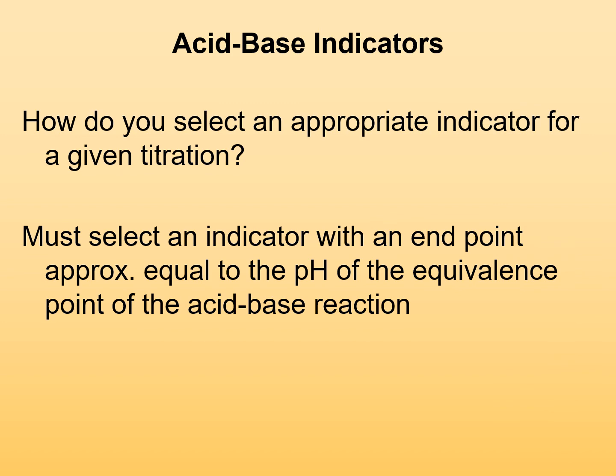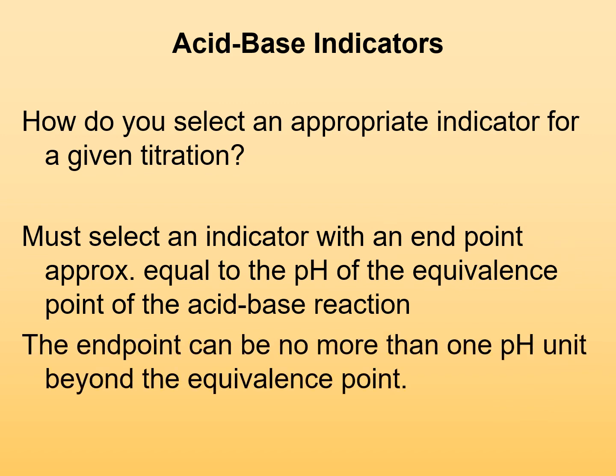We generally say that the endpoint should be no more than 1 pH unit beyond the equivalence point. So if our target pH is 3.5, we would want to make sure that the indicator's pKa is between 2.5 and 4.5. The closer to 3.5, the better.